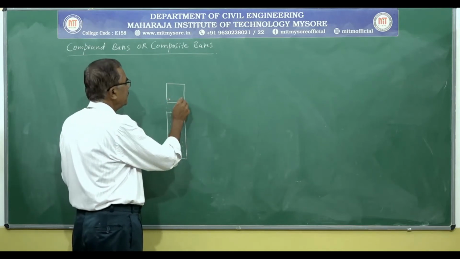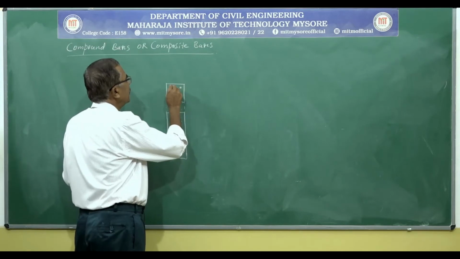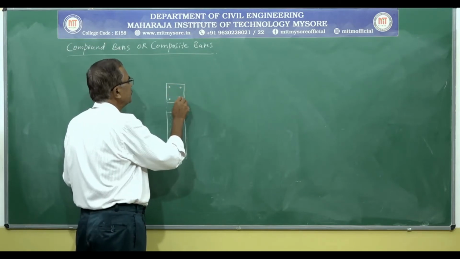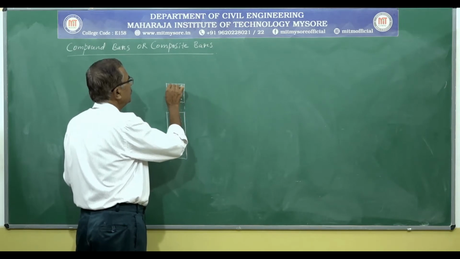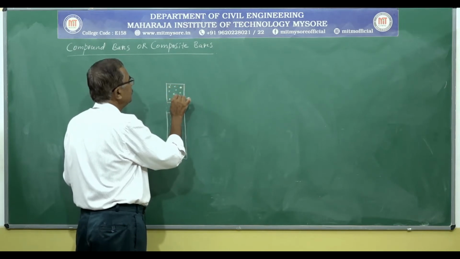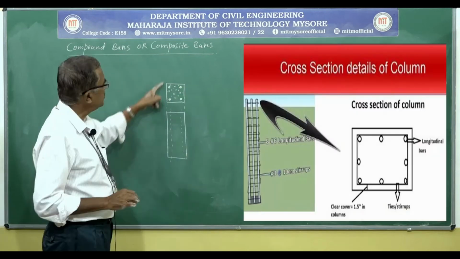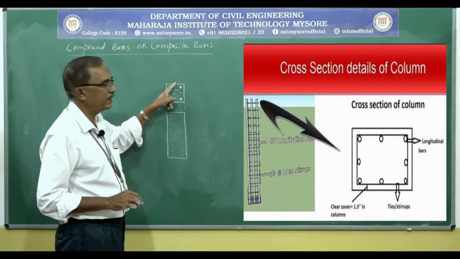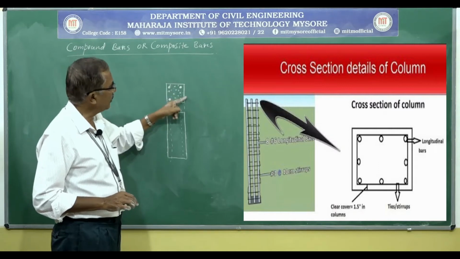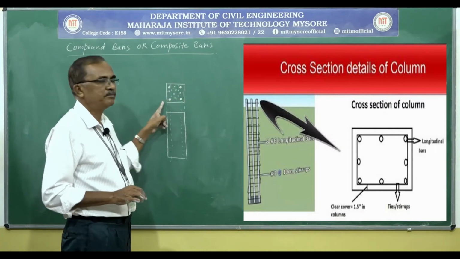Whereas if I take the cross section, I can see the column is made up of 4 steel bars, and see here, coarse aggregate, fine aggregate, this is steel. So, this is the cross sectional area of the column, and for that we used steel and concrete. Steel and concrete together will form a composite member.